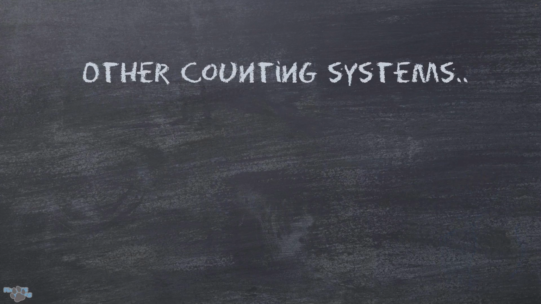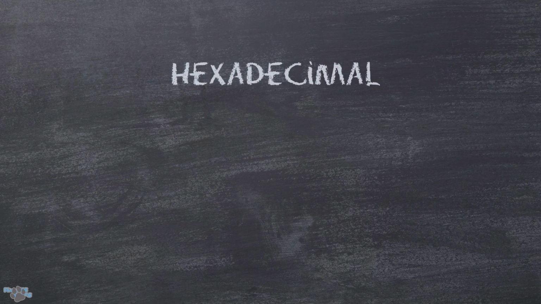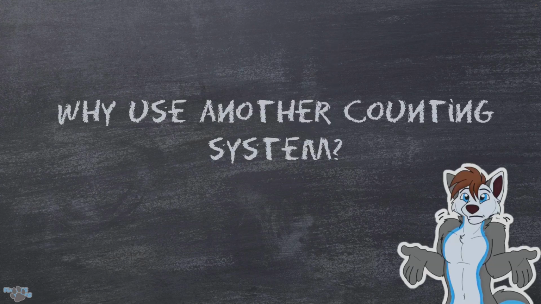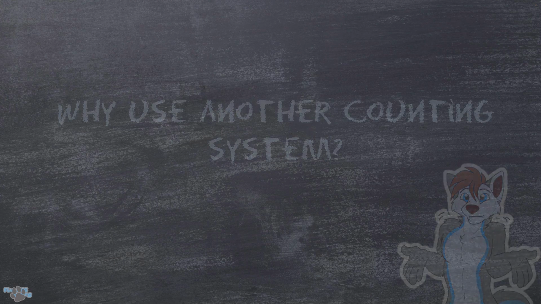The next one, commonly used, is hexadecimal, or hex for short. As you can see, it counts up to 16 using the following: 0, 1, 2, 3, 4, 5, 6, 7, 8, 9, A, B, C, D, E, and finally F. But why use another counting system?